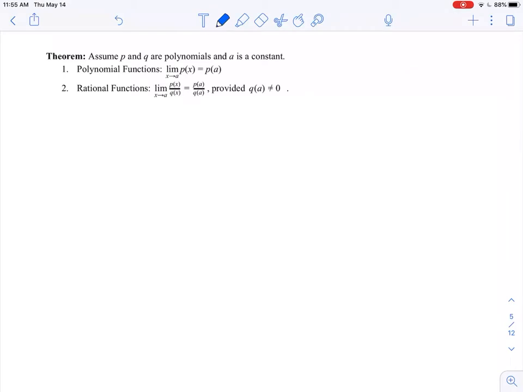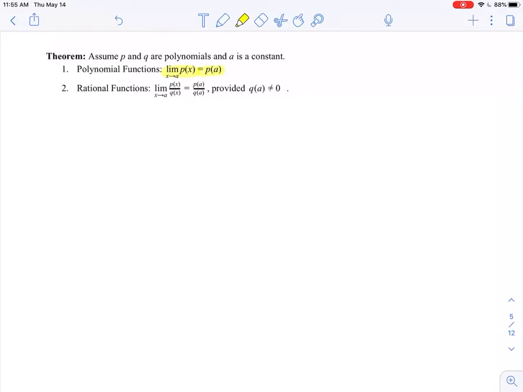So this theorem says, assume that P and Q are polynomials and A is some constant. So this first one here works with polynomial functions. It says, if you're working with the limit as x approaches A of P of x, I can just take that number and plug it into my function and I'll get the same result.